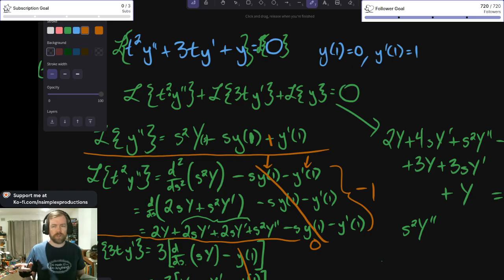We don't have initial conditions for y double prime. So in theory, that should just be y and y prime, or s, y, and y prime.